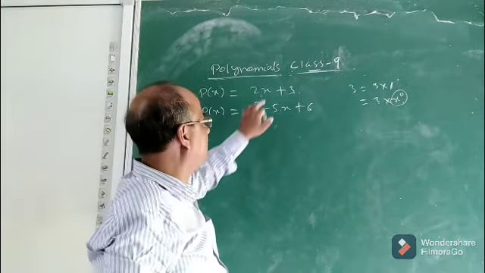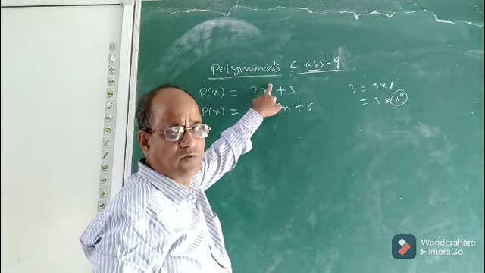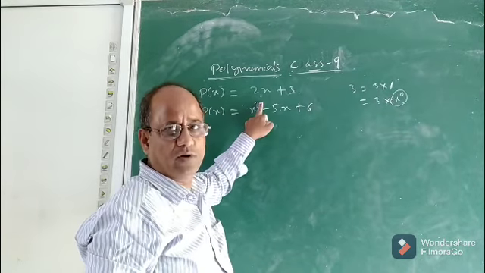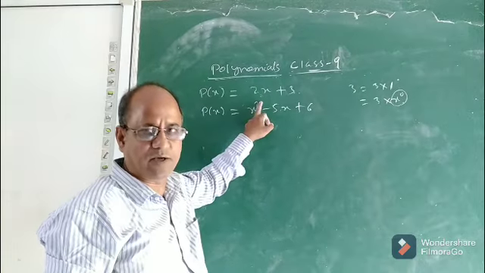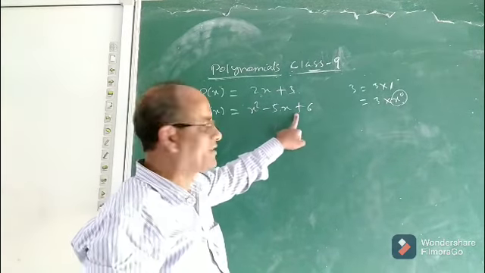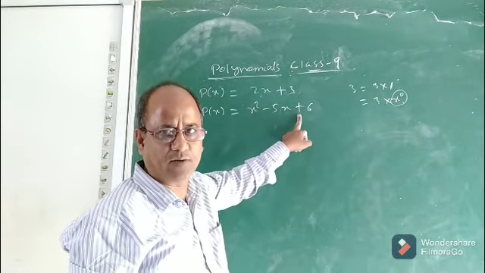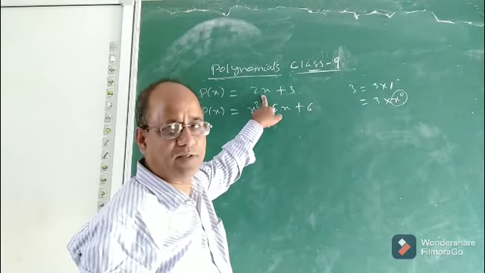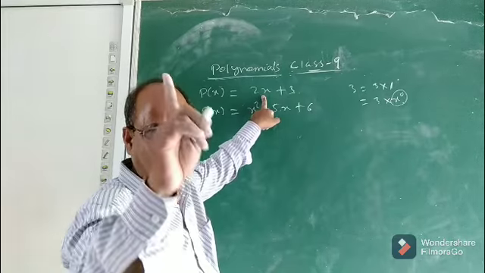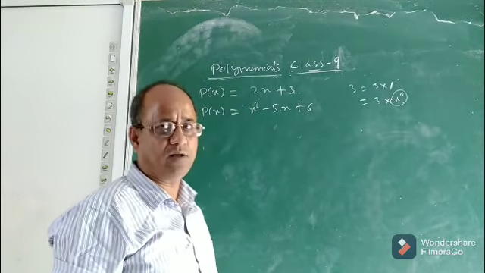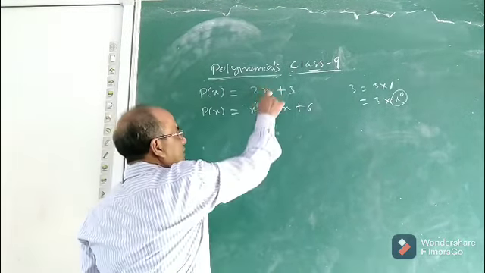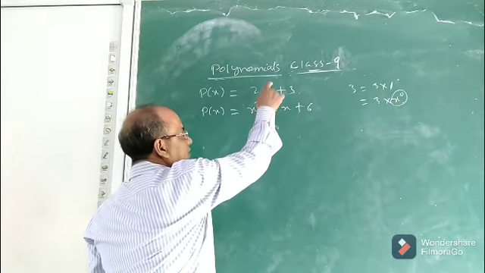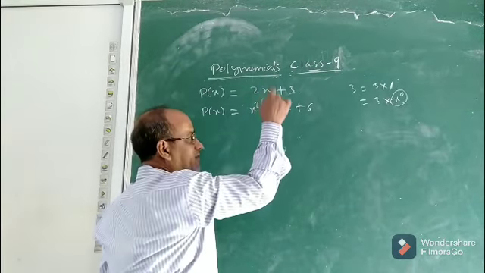So, what is the difference? The difference is, here the highest power is 1, here the highest power is 2. The highest power is called the degree of the polynomial. It was taught in class 8. This is degree 2, a second degree polynomial. We call it a quadratic polynomial. Here, the degree of this polynomial is 1 because the highest power of the variable x is 1.